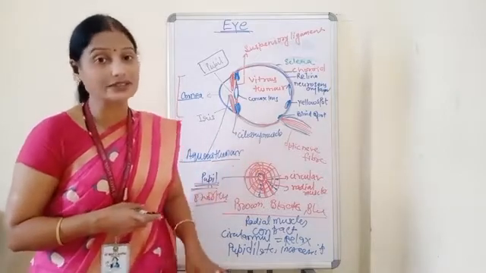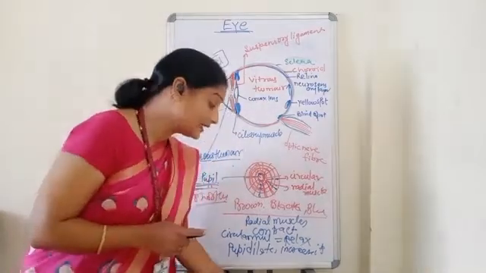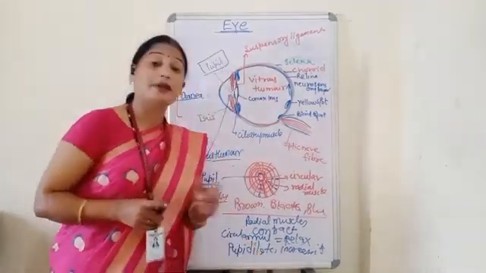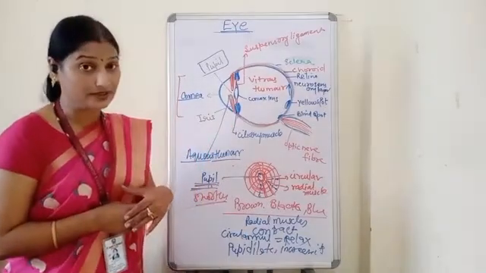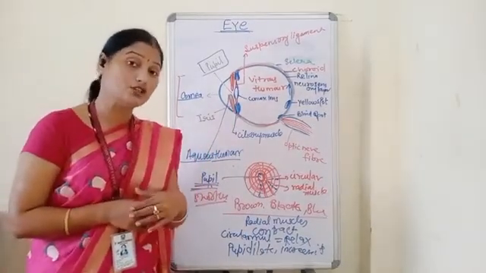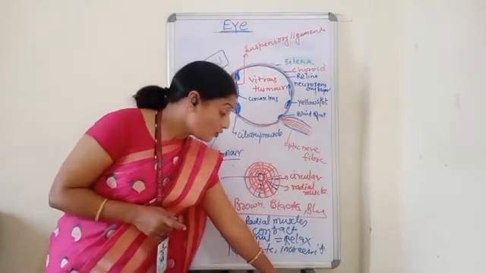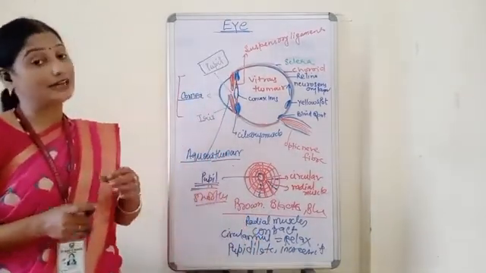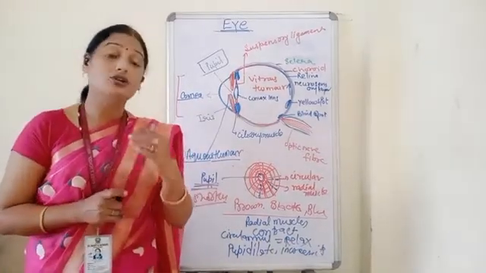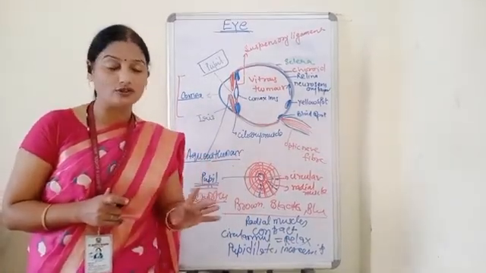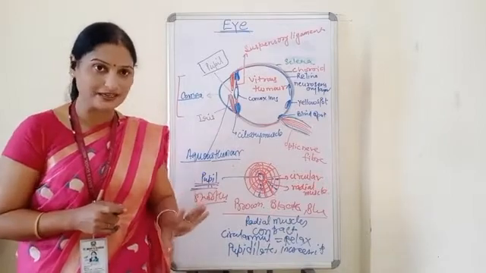The cone cells contain the pigment called iodopsin, and rod cells contain the pigment called rhodopsin.